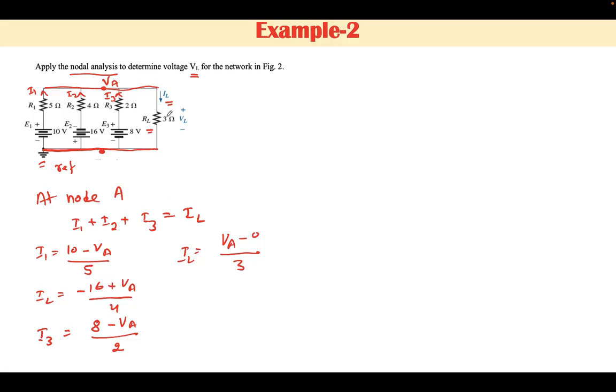And similarly in this case the polarity is plus and this is VA, we subtract, so 8 minus VA divided by 2 gives I3. Similarly in the last element, IL is equal to VA minus 0, because the direction of current is taken downward, it means VA is considered higher potential, and this is at lower potential.